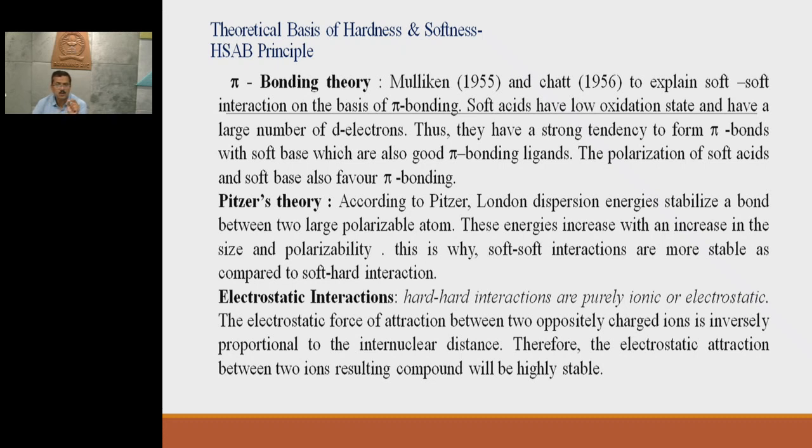Polarization of soft acids and soft bases mainly favors pi bonding. Secondly, London theory explains the dispersion energy which stabilizes two larger polarizable atoms, and the energy increases with increasing size and polarizability. That is why soft-soft interaction is more stable than soft-hard interaction.